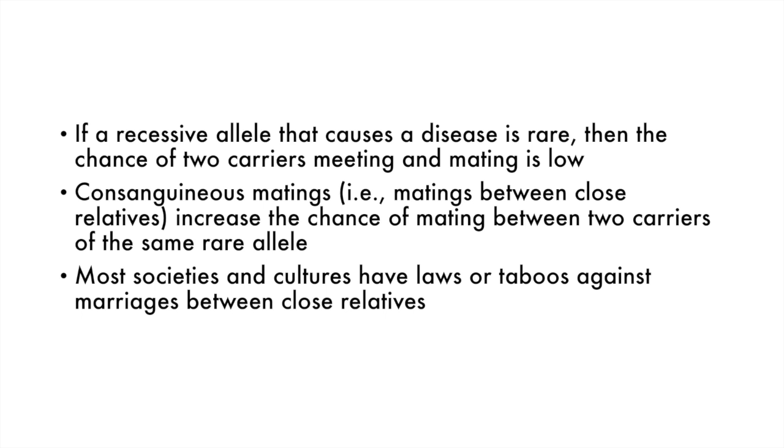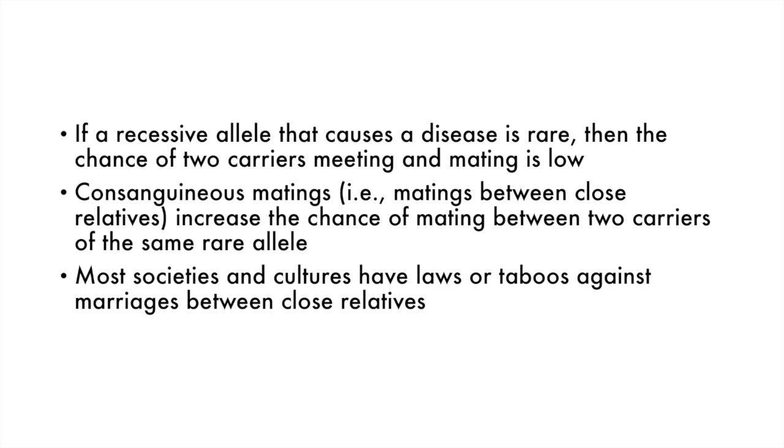Okay, so if a recessive allele is rare, then the chances of two carriers meeting and having a child with that disorder is relatively low. So if there's no selective pressure, a disorder can be very rare, such that the parents are unlikely to both be carriers for something.